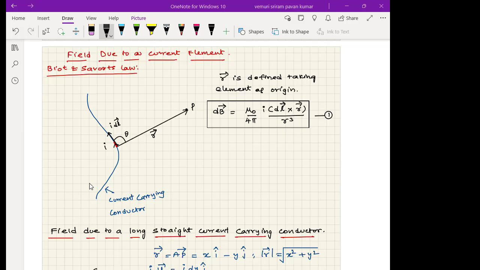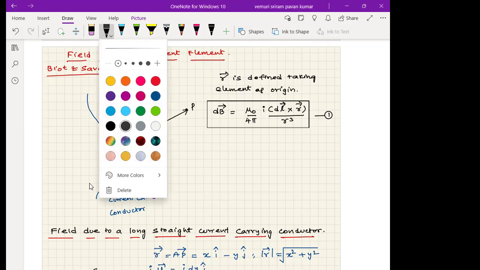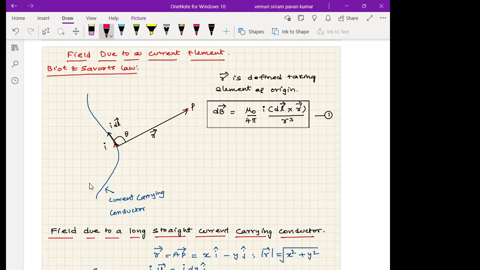So as per Biot and Savart, the magnetic field at this particular point depends on three things. One on r, the other on the element, and the other on the angle.